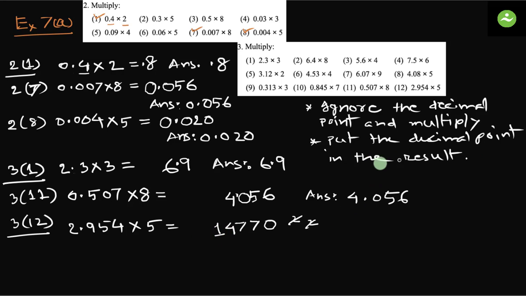Now put the decimal point in the result. How will you put it? Count the digits: 1, 2, 3. So we have to put the decimal point here. 14.770 is the answer.